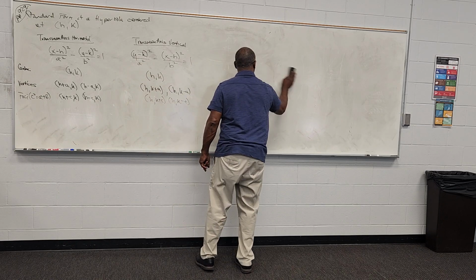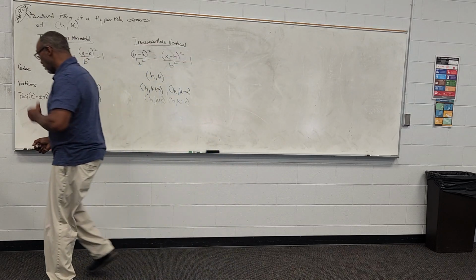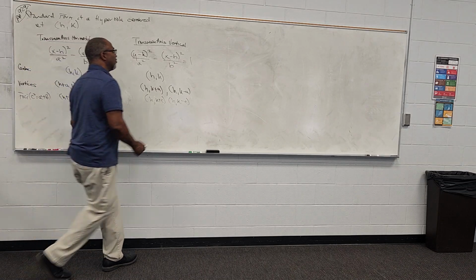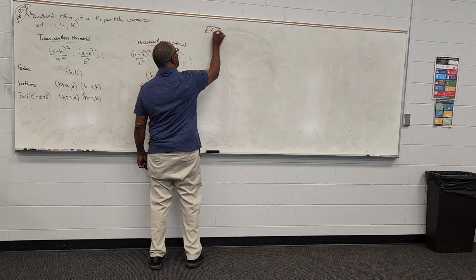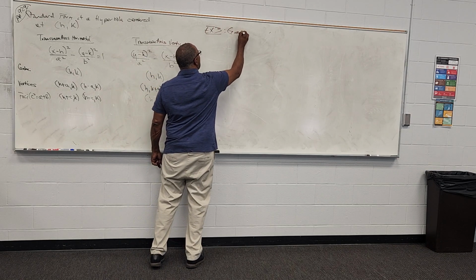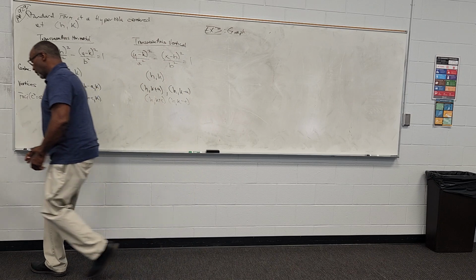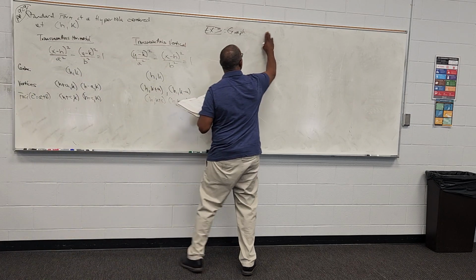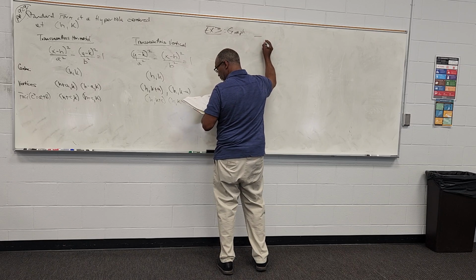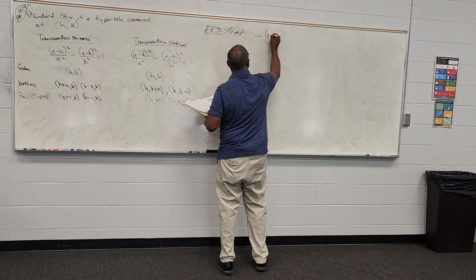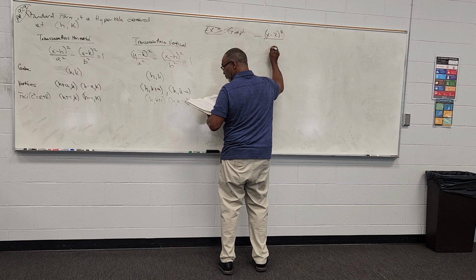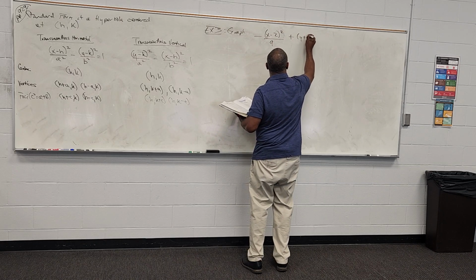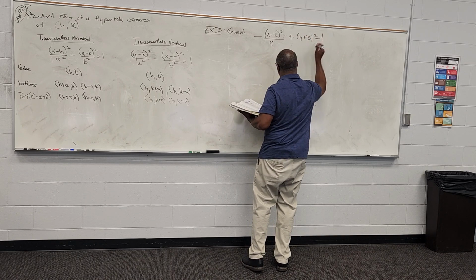Let's just do some. All right. So with that in mind, example 3, graph. They give me negative x minus 2 squared over 9 plus y plus 3 squared equals 1.